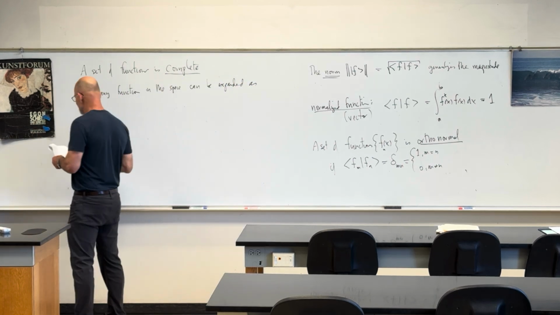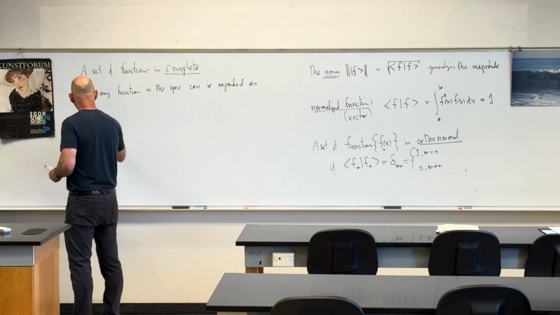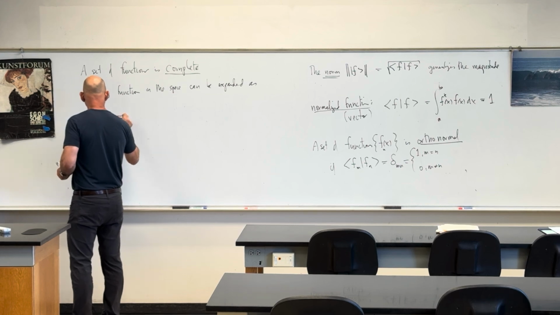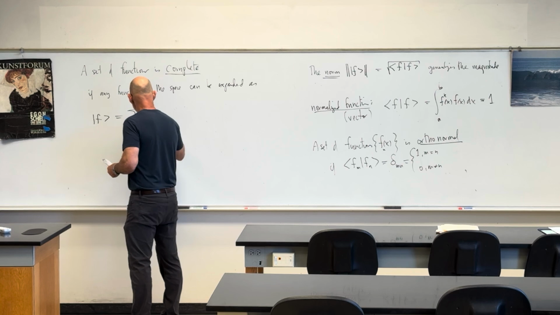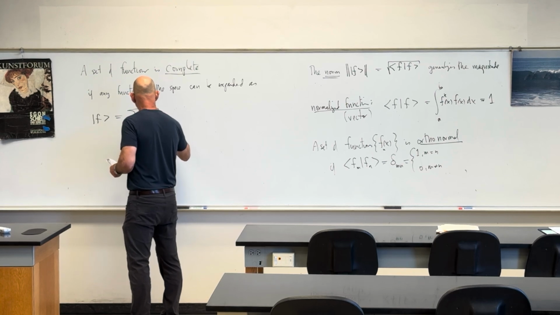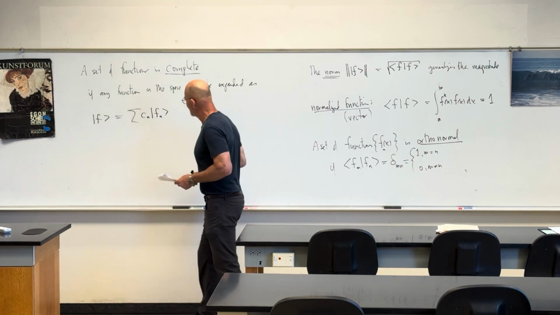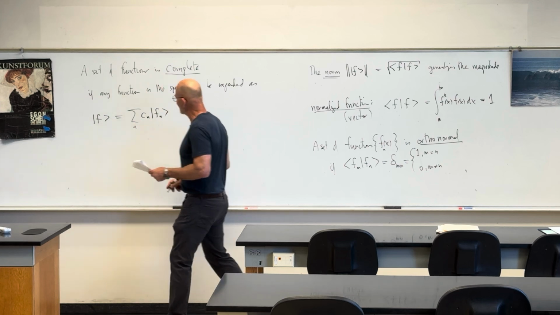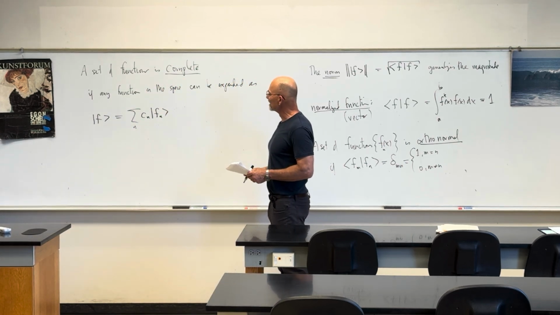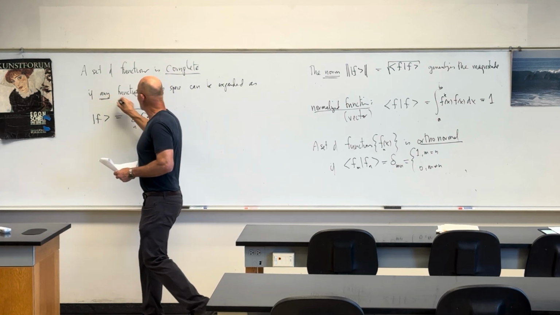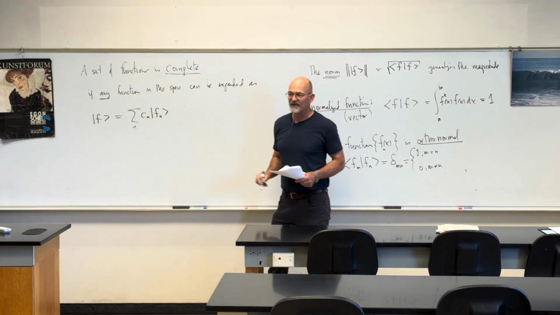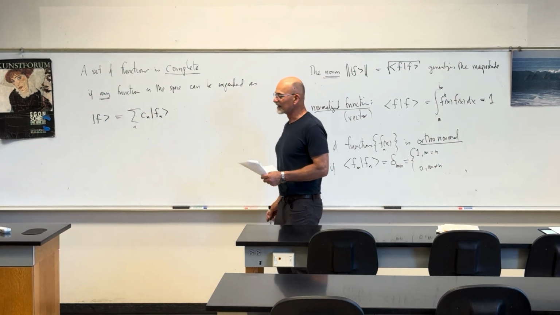A linear combination, so in this terminology we'd be saying this vector can be expanded as c sub n f sub n, over all possible n. So that's a linear combination. And if any function can be done like that, we say the set of functions is complete.